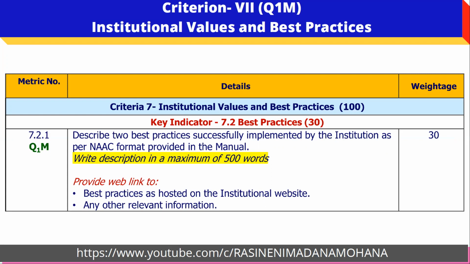As per this format, you can provide two best practices here. As for the size limit, only two best practices are allowed, with the description of a maximum of 500 words. Then you have to provide the web link to best practices as hosted on the institution website. Both best practices can be hosted on the college website. That link can be provided.